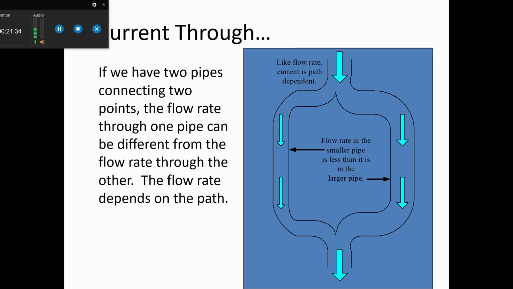It's similar if we have a resistance, then the voltage across that particular resistance will vary accordingly, because this smaller pipe gives a specific type of resistance, and this larger pipe will give a different type of resistance. Here the flow is easy, and here the flow is a little bit harder because the pipe is smaller.